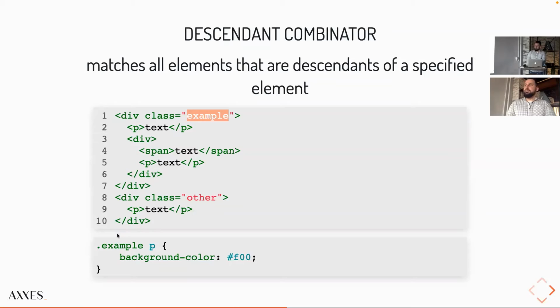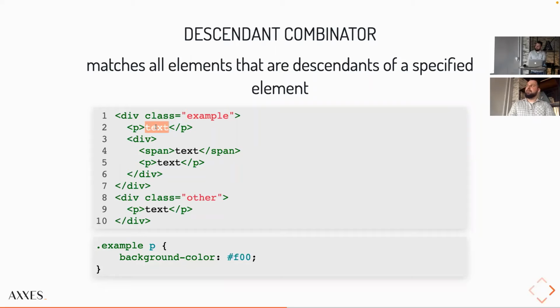So you can use example p. This is a combination of a class selector and an element selector. You can combine them, and they will narrow it down. So switching to example, and then the p tags which are below or in the div with example.